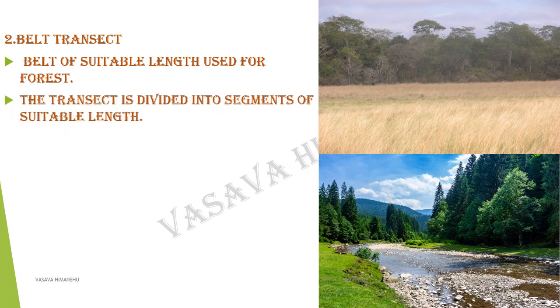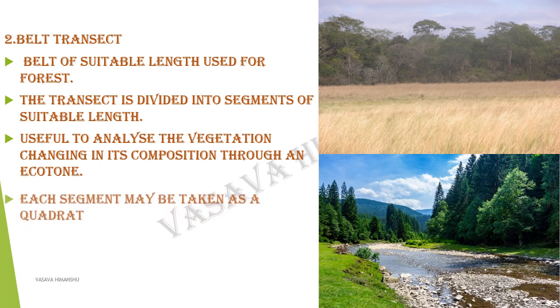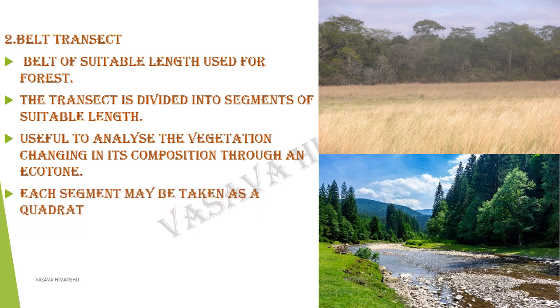The transect is divided into segments of suitable length, useful to analyze the vegetation changing in its composition through an ecotone. Each segment may be taken as a quadrat. Frequency and density value of each species is calculated.